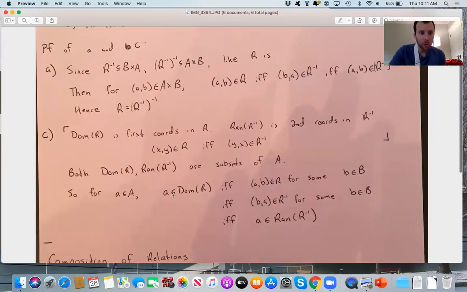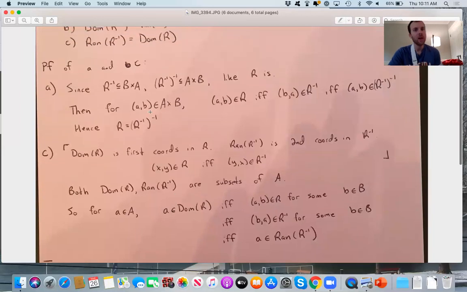So C, what we're proving, I can get that on there, is that the domain of R is the range of R inverse. Okay. So first, figure out why this is true and what steps we might want to take along the way.